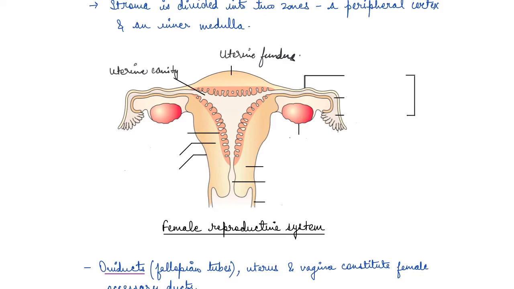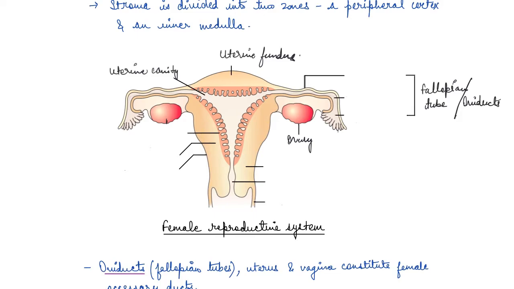Right. Now these are the ovaries. Here you have one ovary, here you have the other ovary, right? And this tube is the fallopian tube or oviducts, right?